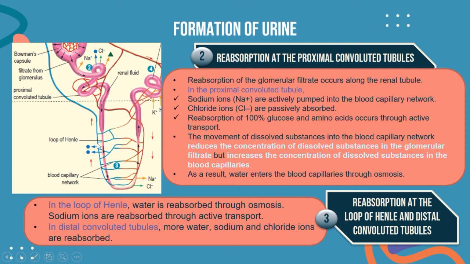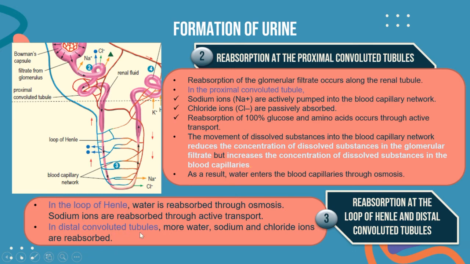In the loop of Henle, water is reabsorbed through osmosis, so water inside the loop of Henle enters the blood capillary by osmosis. Sodium ions are reabsorbed through active transport, the same as in the proximal convoluted tubule.